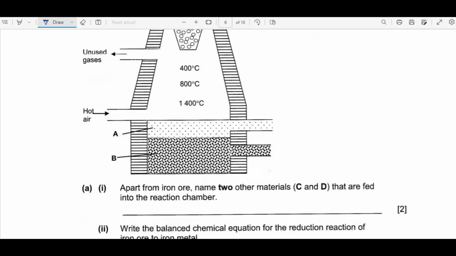Now let's look at the questions. So A, Roman 1, apart from iron ore, name 2 other materials C and D that are fed into the reaction chamber. So we have coke, chemically known as carbon, and we have limestone, chemically known as calcium carbonate.